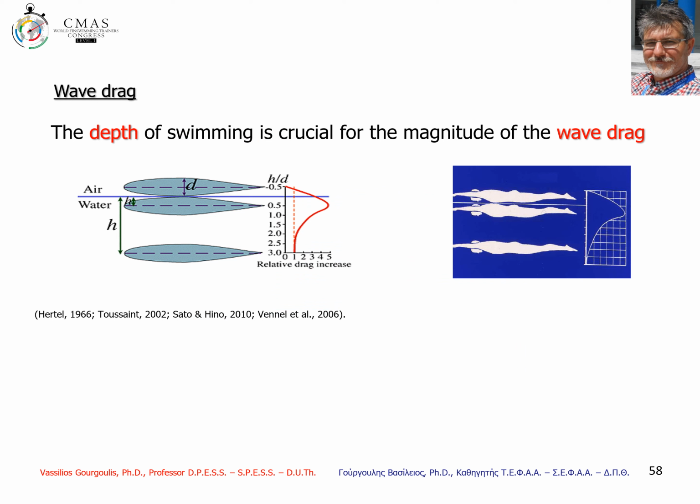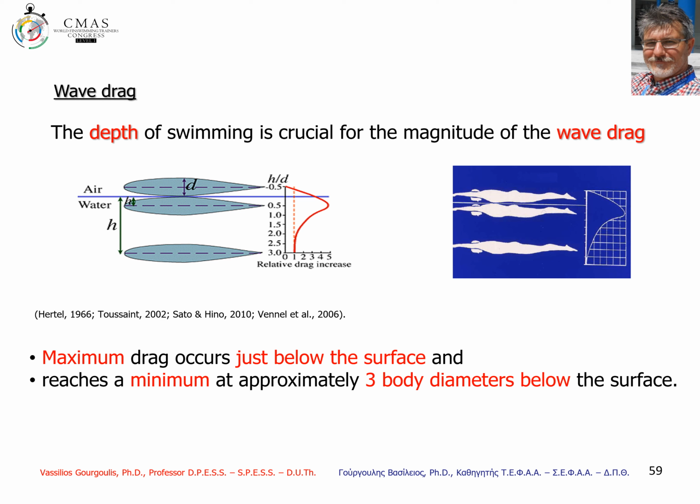For the formation of the waves and the magnitude of the wave drag, the depth of swimming is crucial. Although the optimal depth for a reduced drag remains difficult to evaluate, it is clear the advantage of swimming underwater. Maximum drag occurs just below the surface and reaches a minimum at approximately 3 body diameters below the surface.